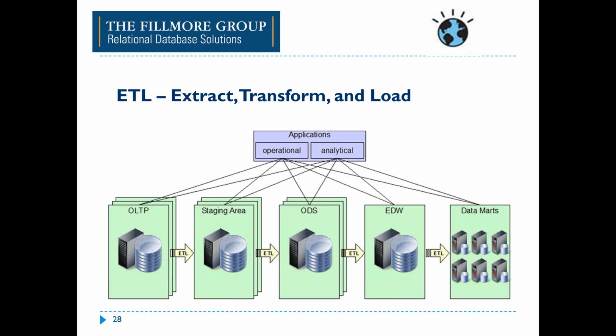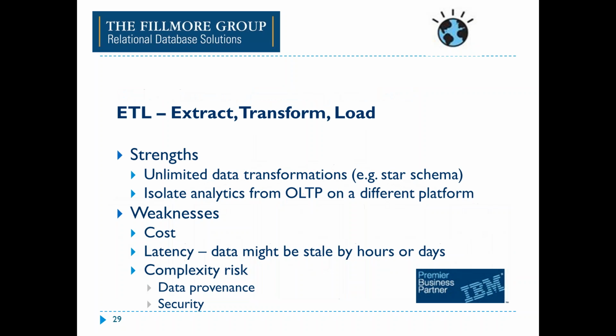There are lots of ways to do this with DataStage or Informatica, etc. But the bottom line is the strengths and weaknesses are as follows. I can have unlimited data transformations. That's one of the things that DataStage does great. And I can isolate the analytics from the OLTP on a different platform, which was why it was devised. The weaknesses are typically cost.